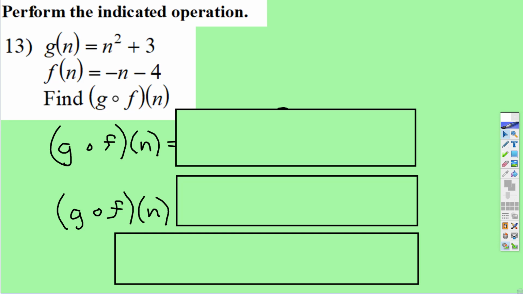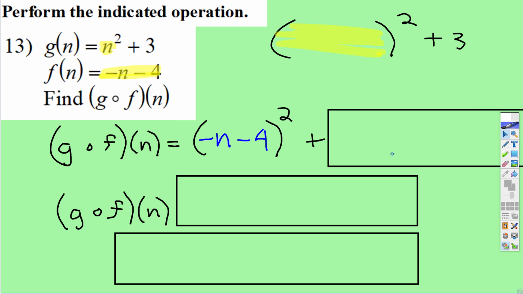All right, let's do one more. So now we're putting the f function right where the n is. So this function now is n squared plus 3, and where the n was, we're going to put the whole f function. I did that down here.